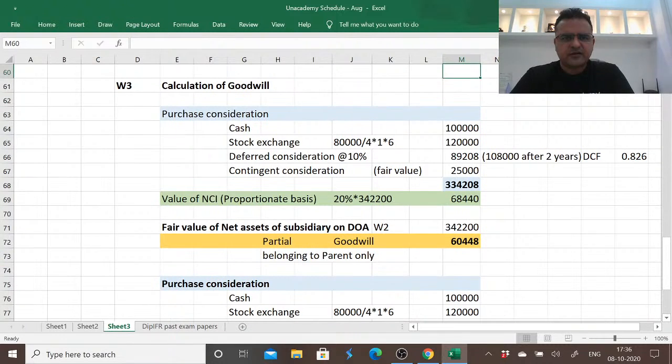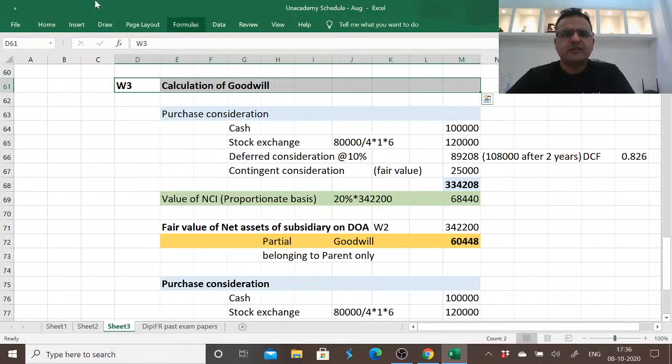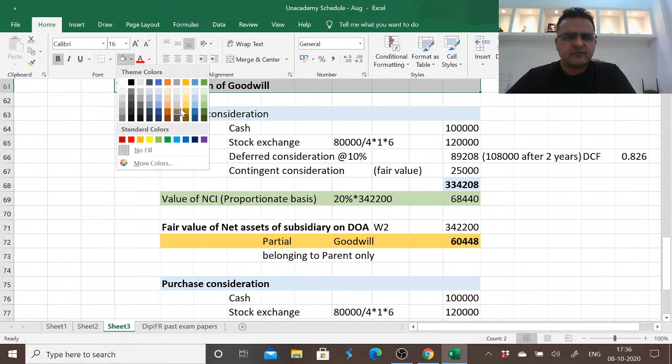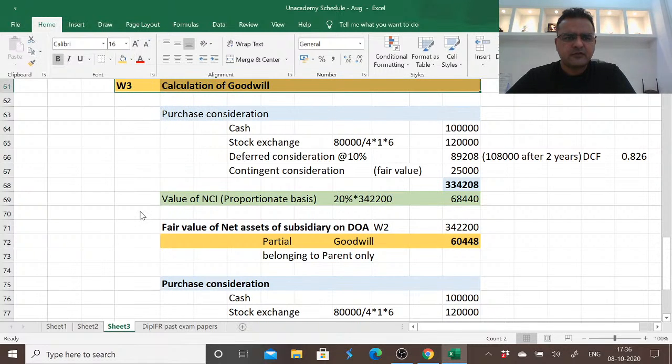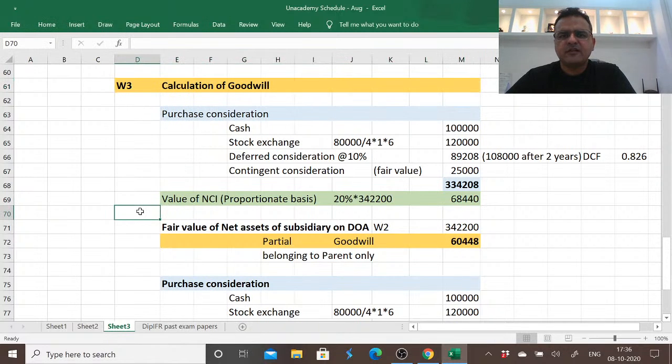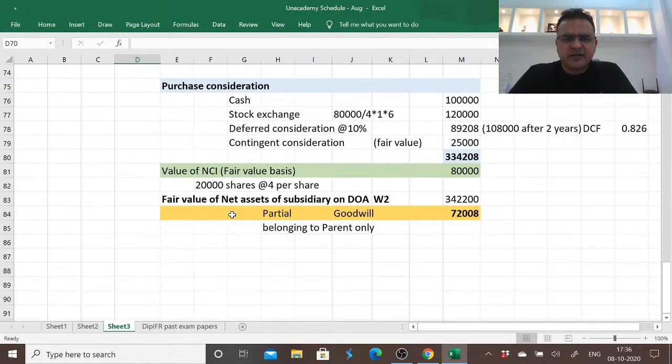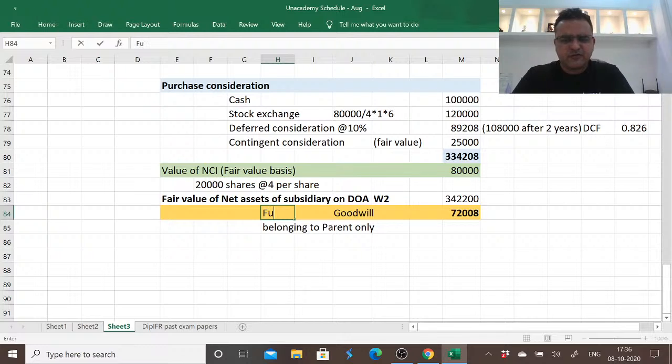Everything remaining constant in calculation of valuation of goodwill, the only one thing that can have an impact on calculation of goodwill is how we valued NCI. If we valued NCI on proportion basis, this is partial goodwill belonging to parent only. But if we valued NCI on fair value basis, that is the fair value of the share in the market, then the goodwill is known as full goodwill. It is belonging to parent plus NCI.